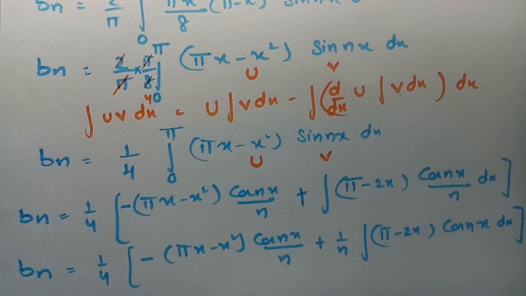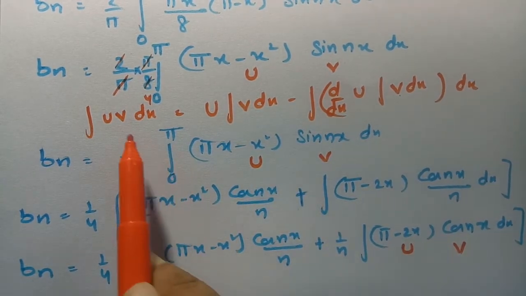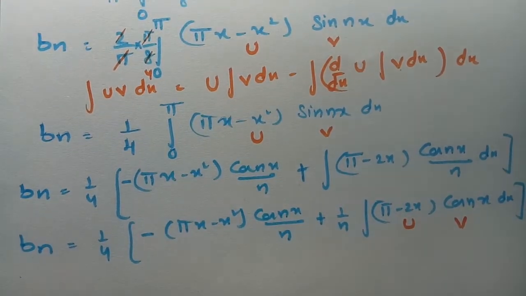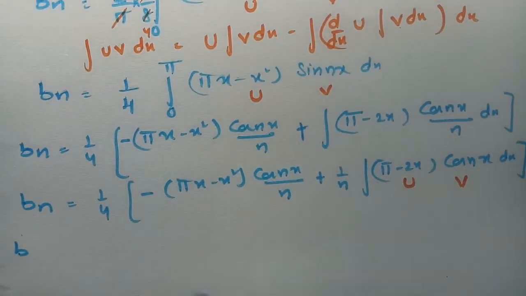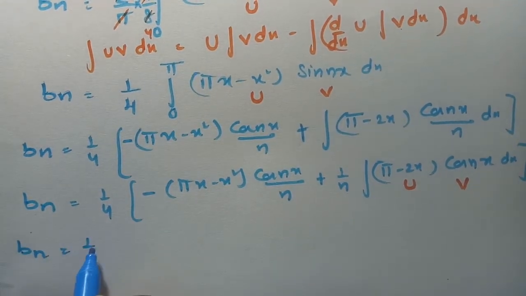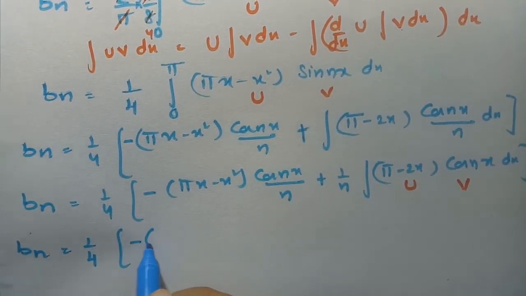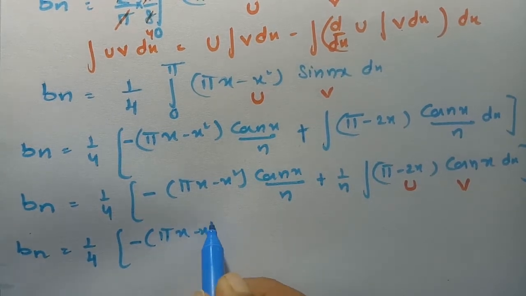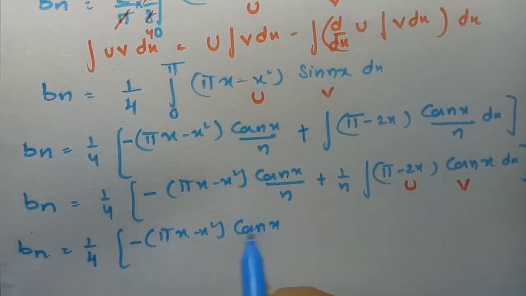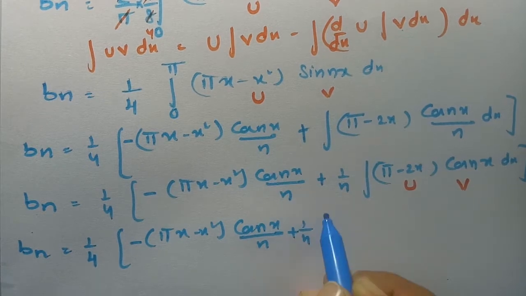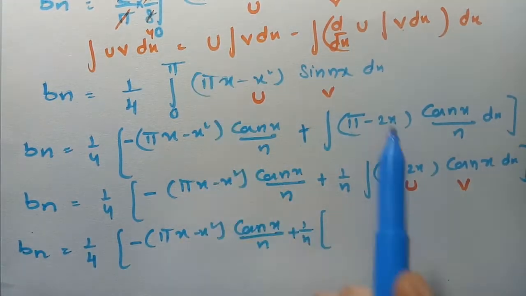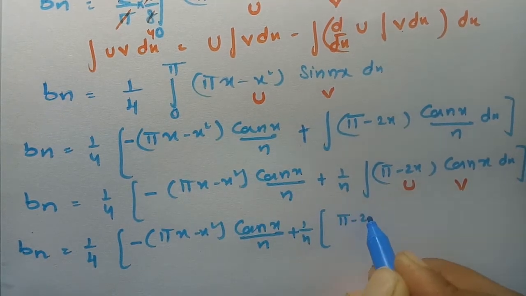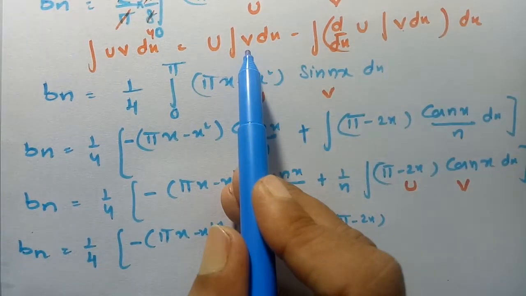So again this is u and this is v. Again we have to apply in this formula. So slowly I'll apply, that is bn. See here, bn is equal to 1 by 4 times of minus pi x minus x square, this is cos nx by n, plus 1 by n times of u we have to leave as it is. u I am not disturbing, I am writing as it is, that is pi minus 2x. v I have to integrate.